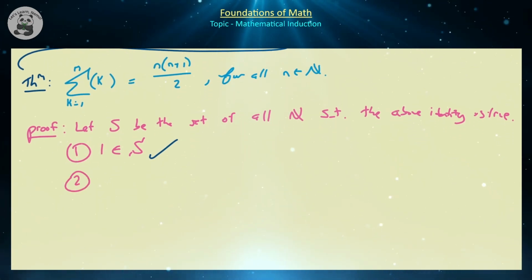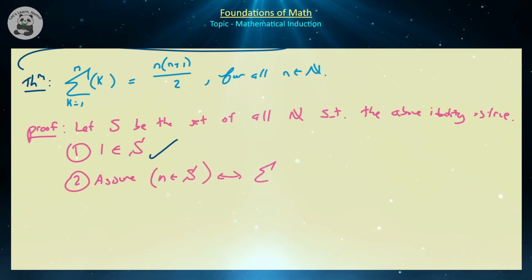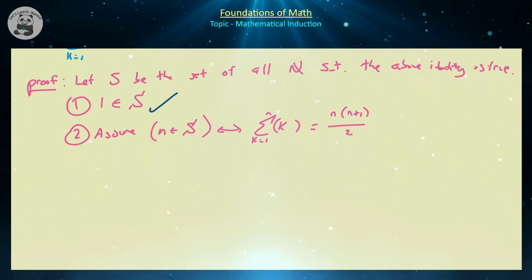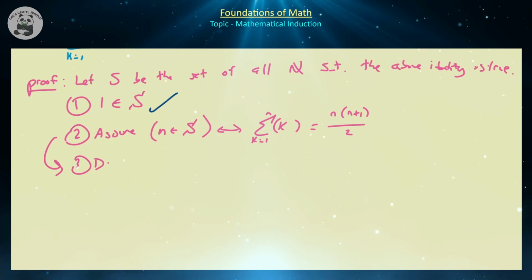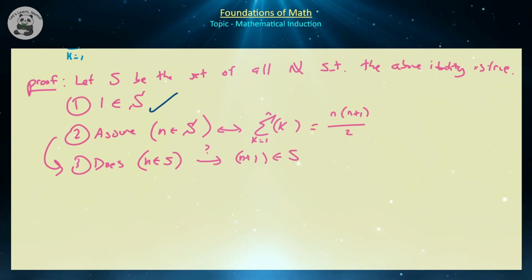The second thing we need to do is assume, for some n in the set of natural numbers, so we're going to pick an arbitrary number n in S. That is, we're assuming that the sum from k equals 1 to n of k is equal to n times n plus 1 over 2, and we need to show: does n belonging to S imply that n plus 1 also is an element of S?